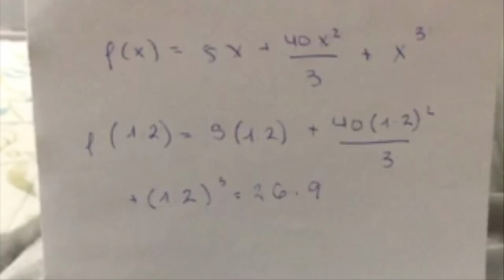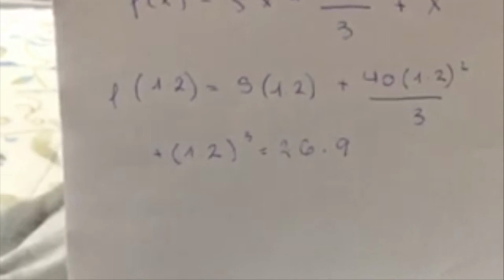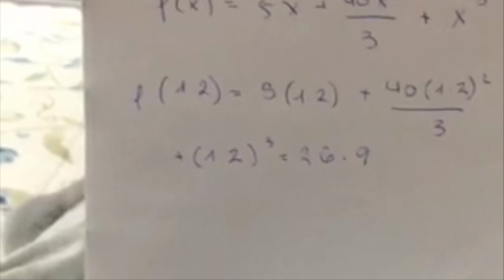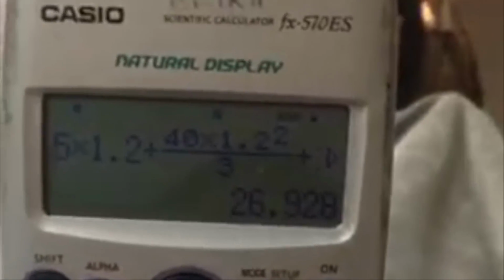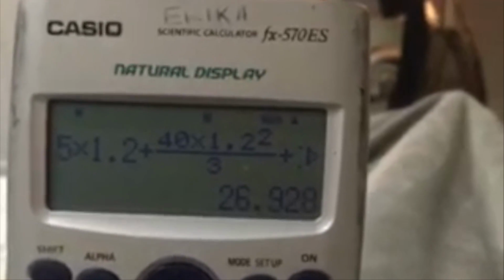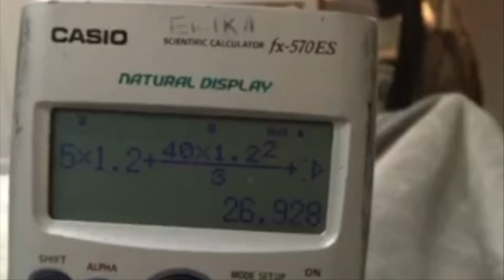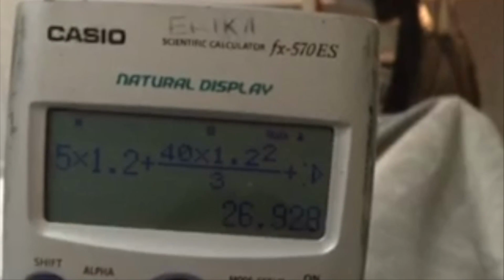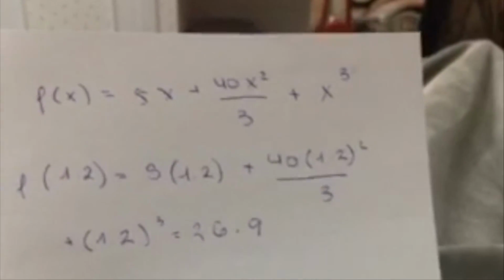So we do 5 times 1.2 plus 40 times 1.2 squared over 3 plus 1.2 to the power of 3, which if we put it in the calculator, it gives us 26.928. So as we can see, Taylor polynomials help us to estimate values.